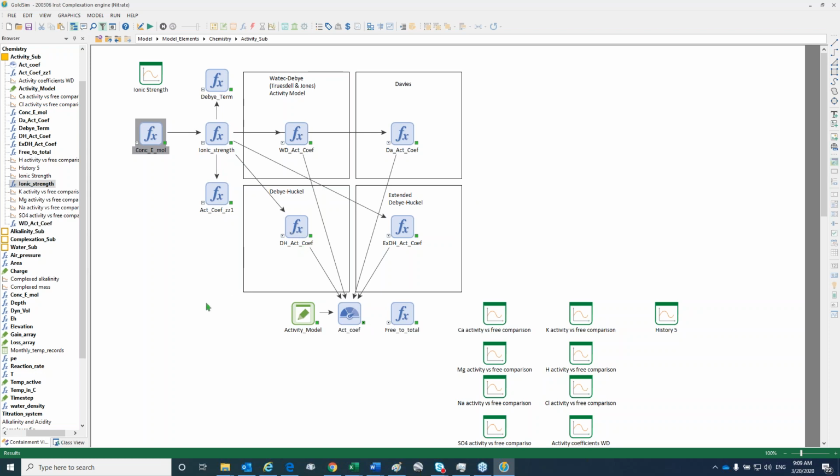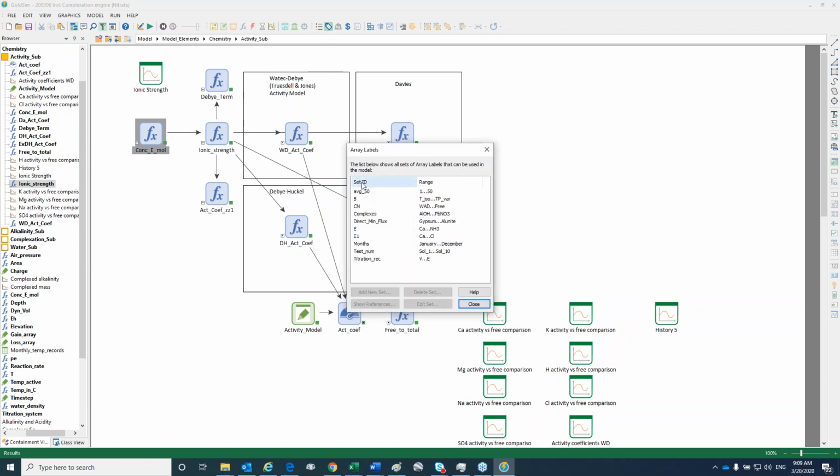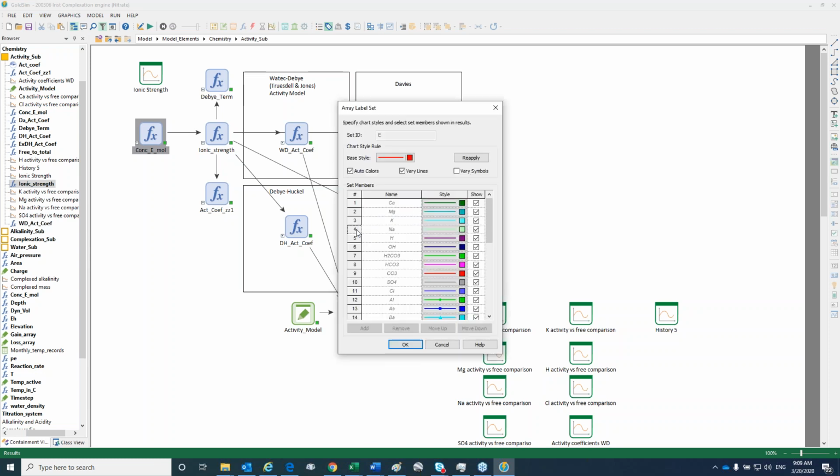There are some limitations in terms of what we can actually do with the specific ion interaction theory, because there are some limitations on what parameterization is applicable, and unfortunately, given the ion set that we're dealing with, a large number of divalent species, the specific ion interaction theory is less applicable.